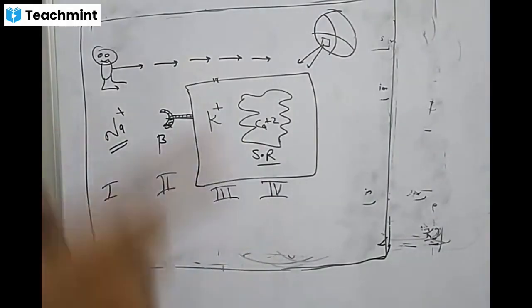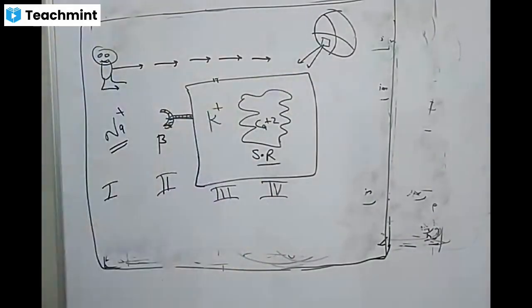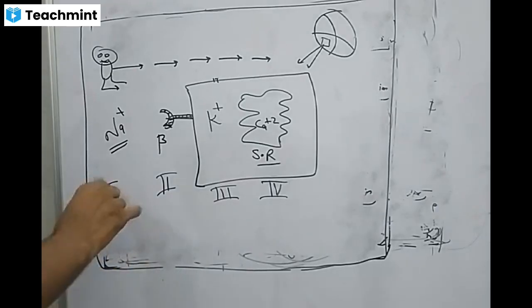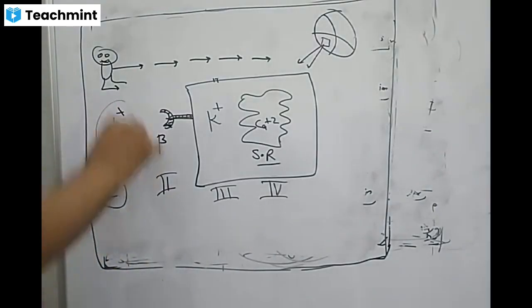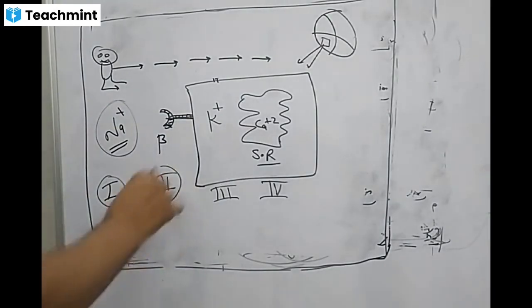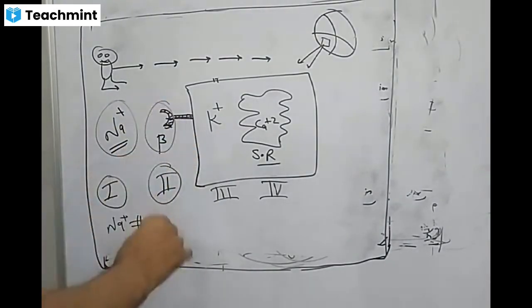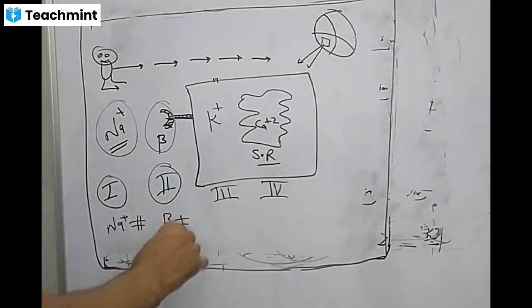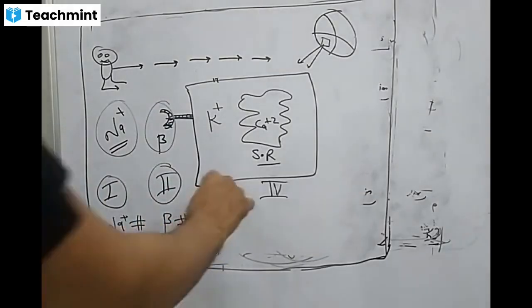This is your Vaughan-Williams classification. The drugs in class 1 are sodium blockers. In class 2, the beta drugs are beta blockers.